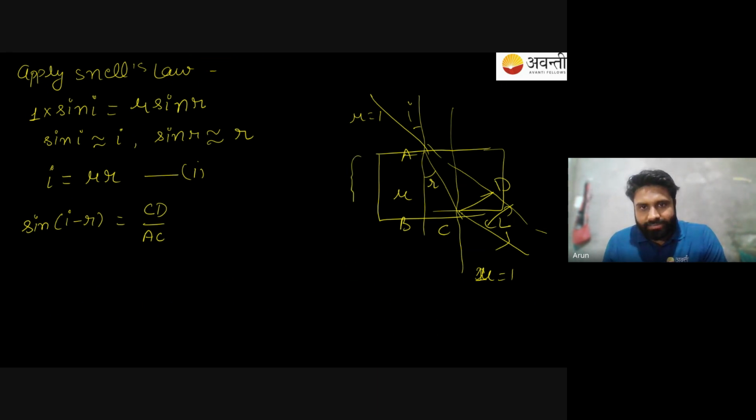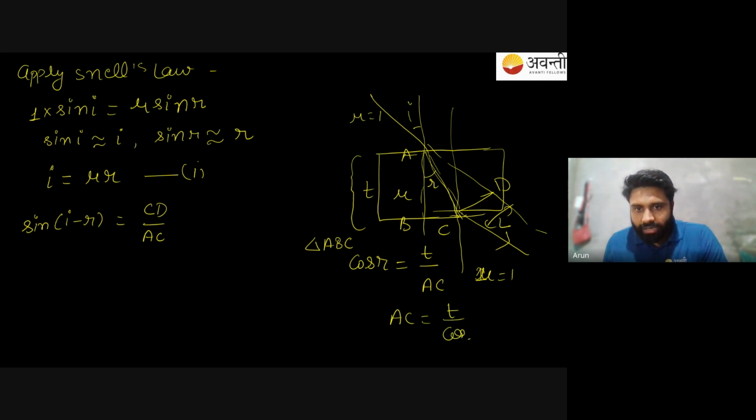Now this length is T. We have to find out this AC in terms of T. If you apply cos r in triangle ABC, cos r is nothing but base over hypotenuse. Base is AB, which is T, so AC is T over cos r.